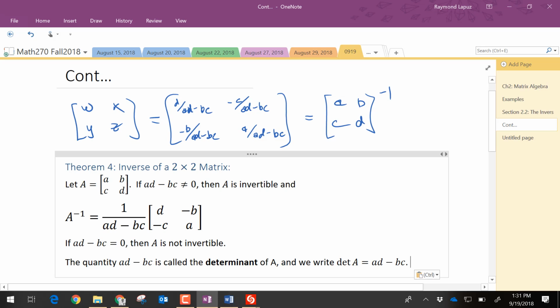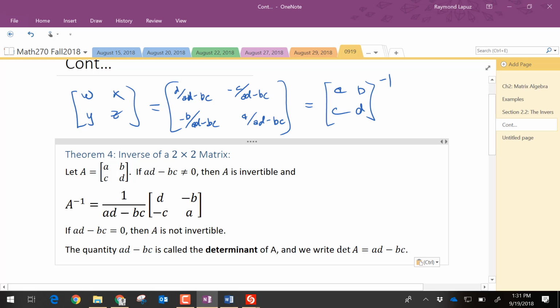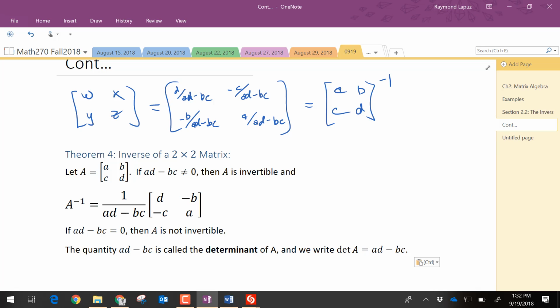That really difficult arithmetical process we went through gives us the inverse of any 2 by 2 matrix. And the inverse of any 2 by 2 matrix is going to be given by 1 over AD minus BC times the matrix D, negative B, negative C, A.